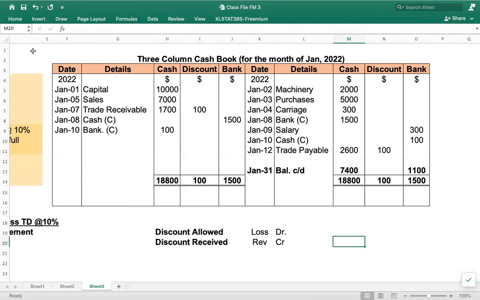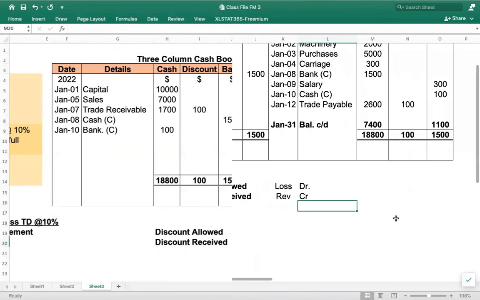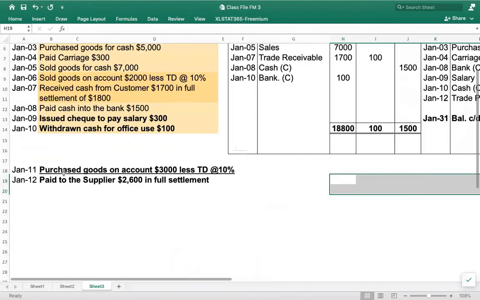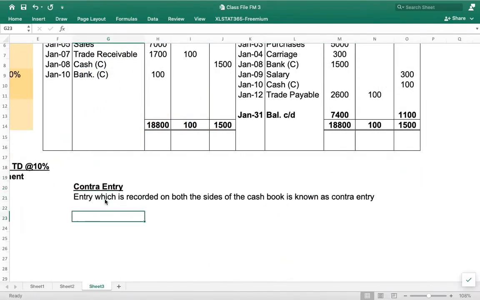Nope. The format is like an account format only, debit and credit side. Got it? So write down the definition of contra entry. Okay, this is the definition. Examples: there are only 2 examples of contra entry. First is paid cash into the bank.